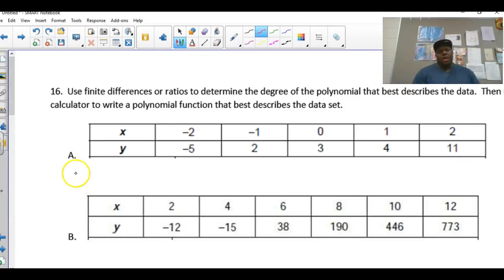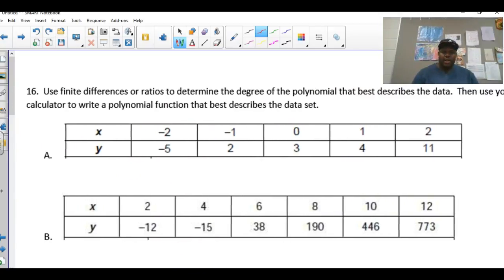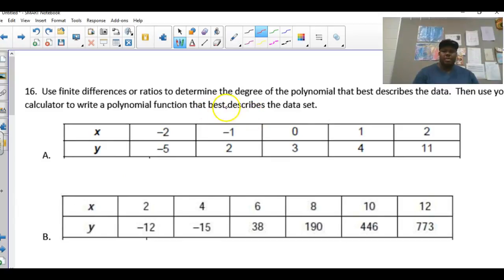Now, it says use finite differences or ratios to determine the degree of the polynomial that best fits the data, then use your graphing calculator to write the polynomial function that best fits the data. Here's what we got. First, I'm going to try to figure out if there's a common difference here.